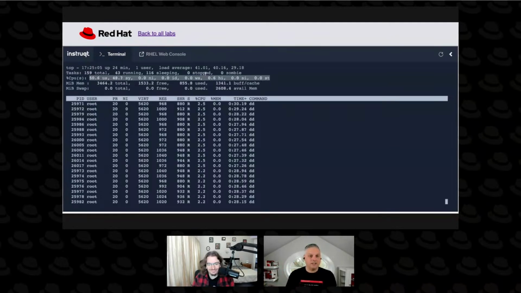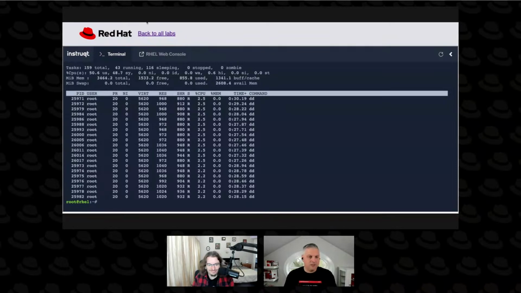So is there a simple and easy way that we could get rid of all of those things? We could actually try and track down the process IDs, but that would be very manually intensive. But we could actually look up the command name and do a kill on all those running processes.